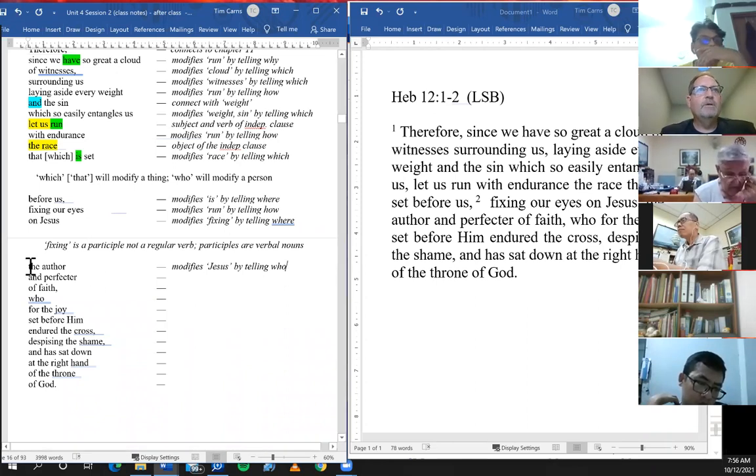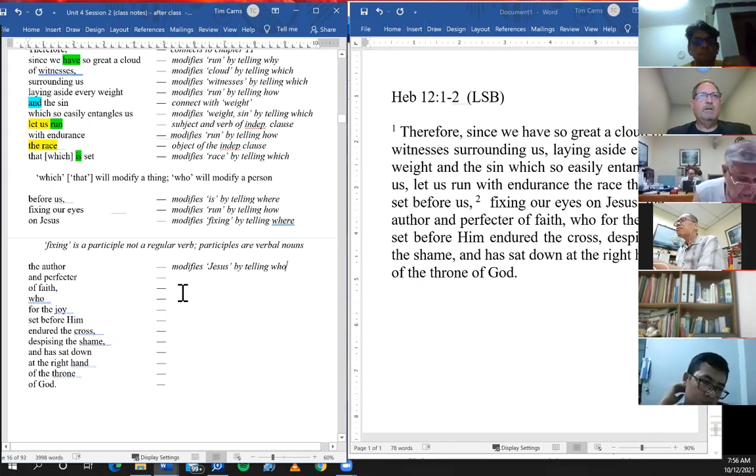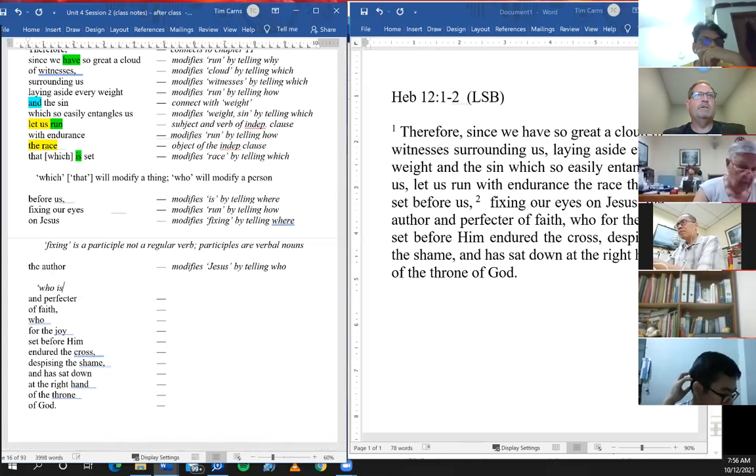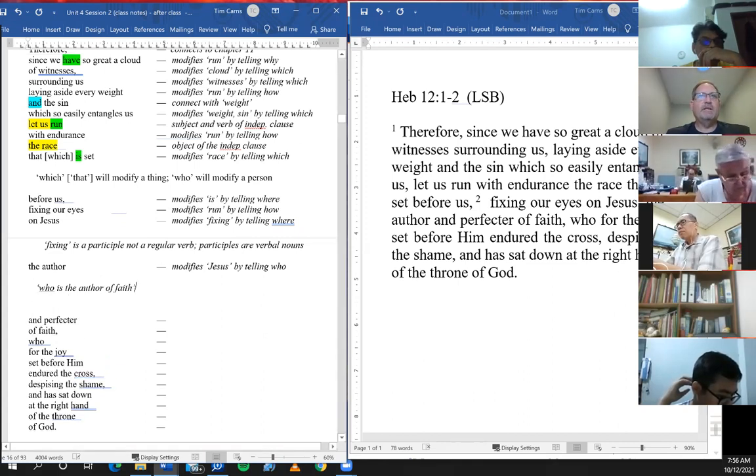Okay, and here notice there's something, he could have said this a couple of different ways. He could have said who is the author of faith, but he didn't. He just said the author. All right, so he skipped. He didn't put who is.